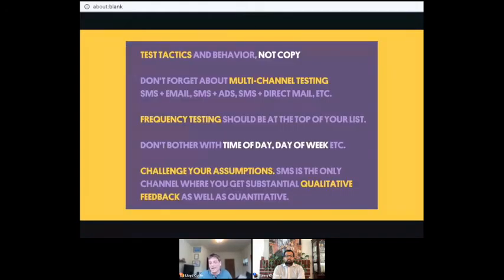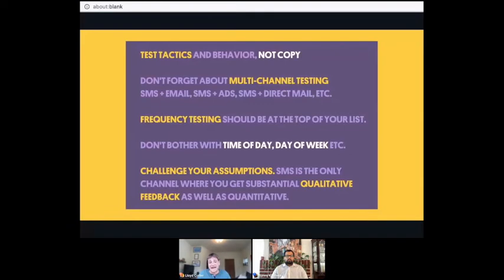I always say to people, if you are testing the difference between make a gift and rush a gift, right, you are wasting a testing opportunity. In a 160 character message, changing 4 of those characters, there's not enough there to make a valid test, right? You might see slight differences, but it's not enough to build and iterate on.